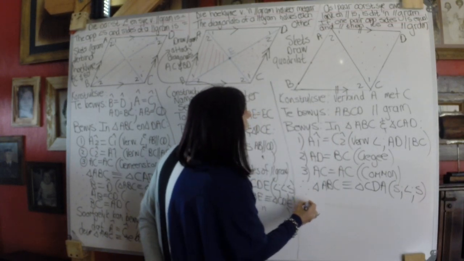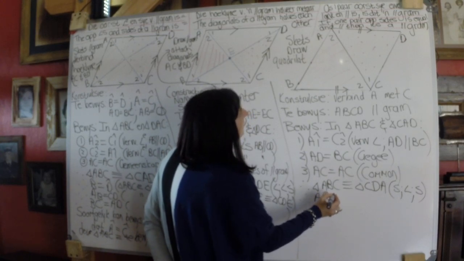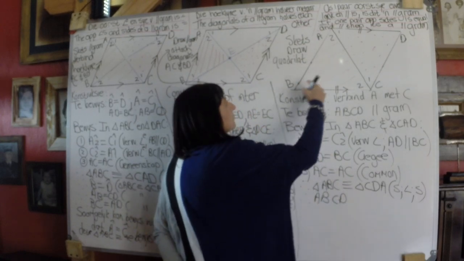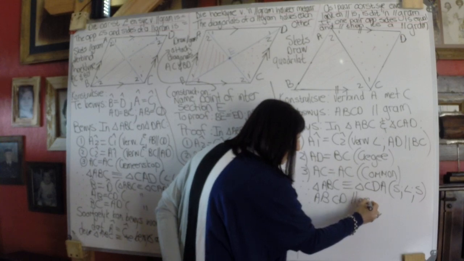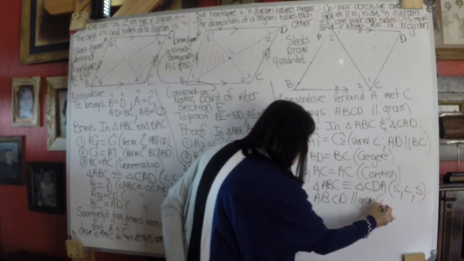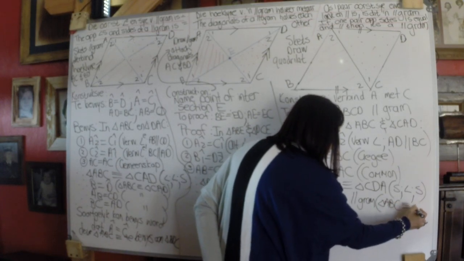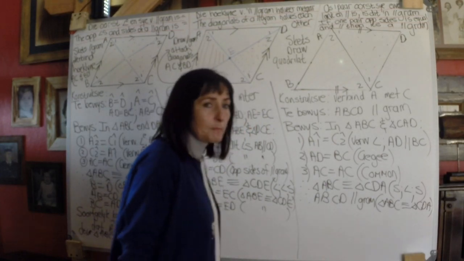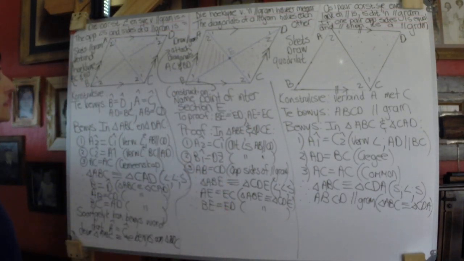En daarom kan ek dan gaan sê dat AB is gelyk aan CD, omdat hierdie twee driehoeke identies is, 'n parallelogram, and the reason is triangle ABC is congruent to triangle CDA.